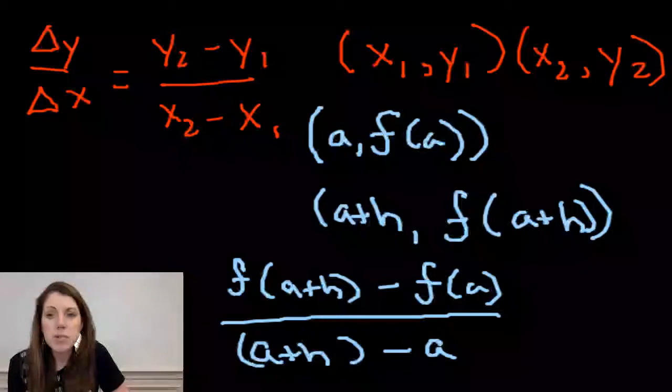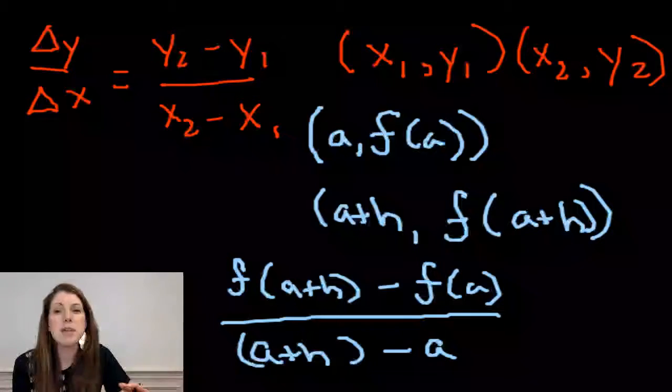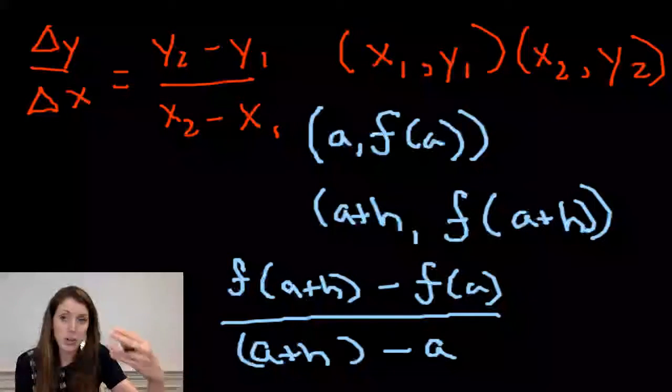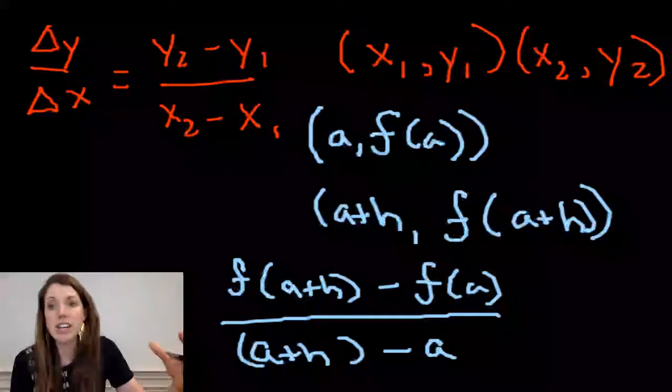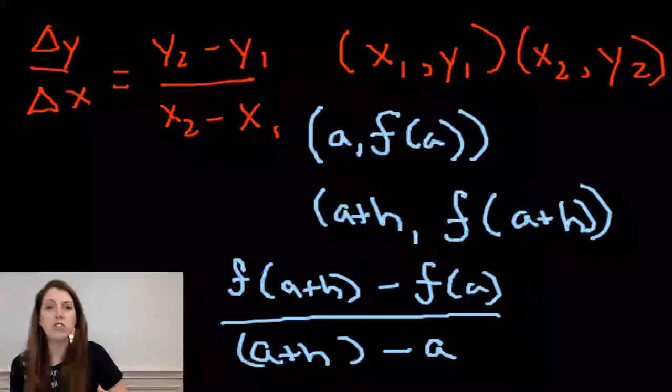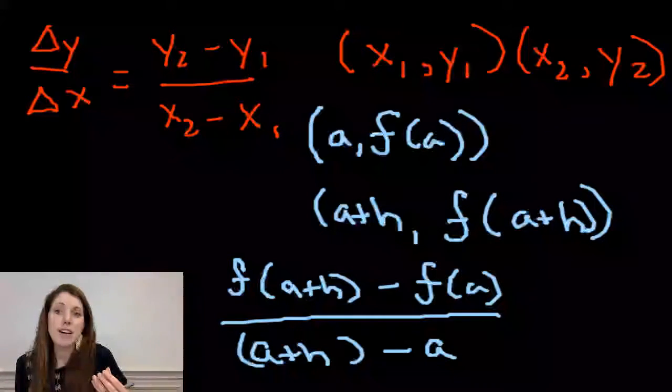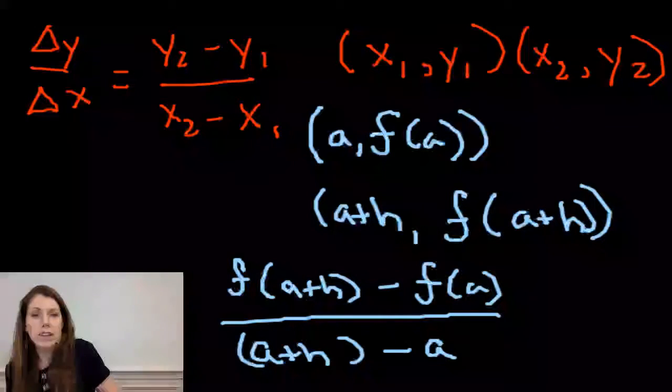But if I want them to be better than close, if I want them to be infinitely close, I'm going to have to take this expression that I've created, and I need to turn it into essentially a limit as the distance goes to 0. So let me clear this away here for a second.